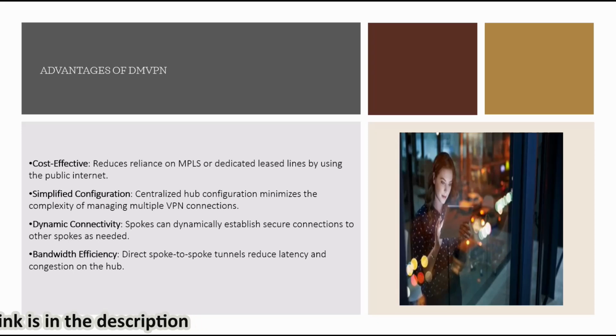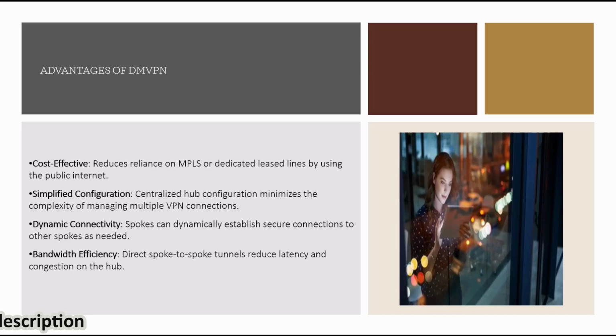You have managed MPLS and unmanaged MPLS. If it's a managed MPLS, then those sites can be configured for direct communication, but if it's an unmanaged MPLS, that's where the confusion starts because you need to configure that MPLS network to route traffic between the branches.